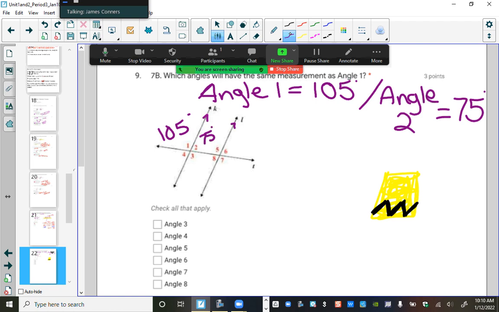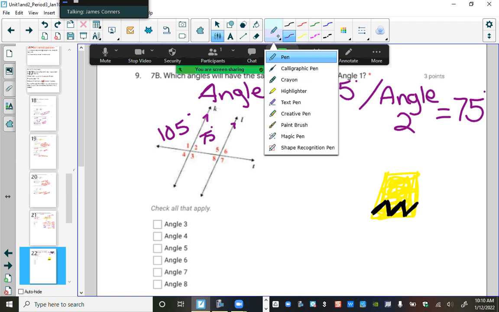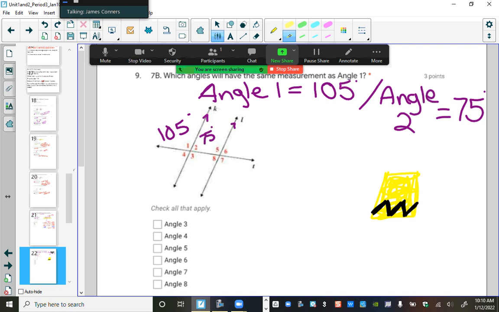So if we go zigzag from angle 1, what other angles are we going to touch? We go zigzag. 3. Touch angle 3. So what else? 5, 7. There you go. It's going to be 3, 5, 7. So in this case, it's going to be all the odd number angles.